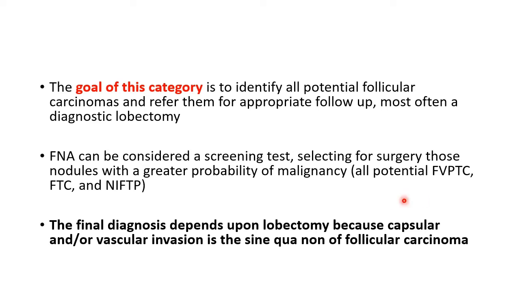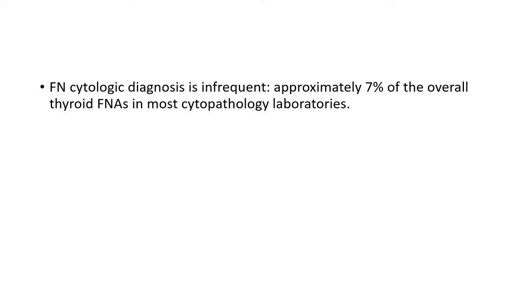That is, all potential FVPTC, FTC, that is follicular thyroid carcinoma, and NIFTP should be screened, and we should be able to advise diagnostic surgery. The final diagnosis depends upon the lobectomy, because we know capsular or vascular invasion is the sine qua non of follicular carcinoma. So we cannot differentiate between follicular adenoma and carcinoma on FNAC. The definitive diagnosis is given on histopathology.